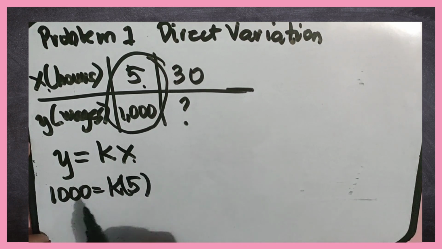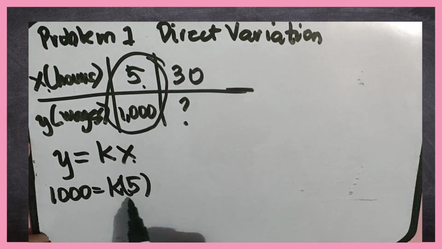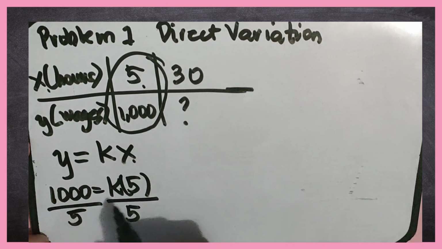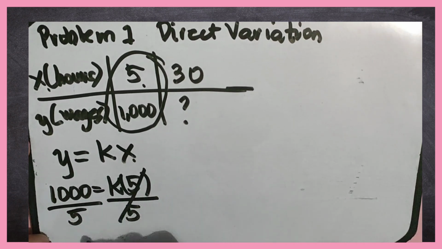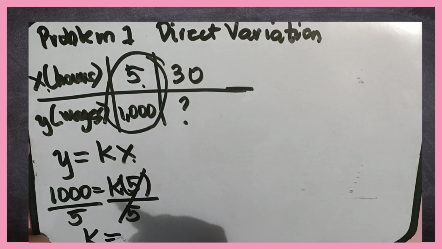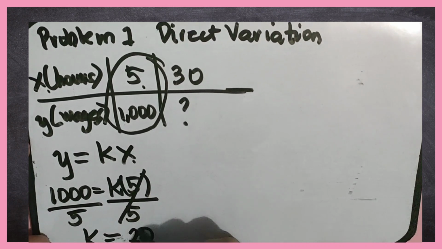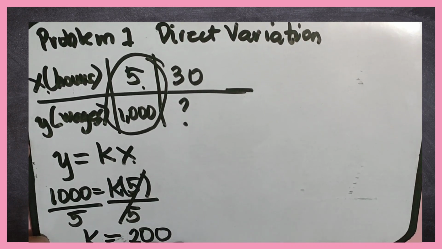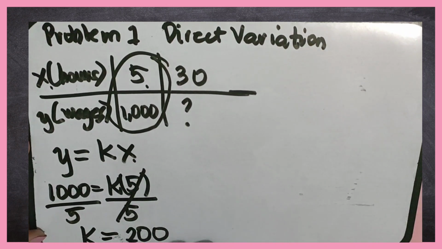And then, para ma-eliminate yung 5 dito, i-divide mo lang yung both sides by 5. So, cancel 5. And then, we have to divide 1,000 divided by 5. And the answer is 200. So, yung 200 natin dito, ito yung ating constant of variation.